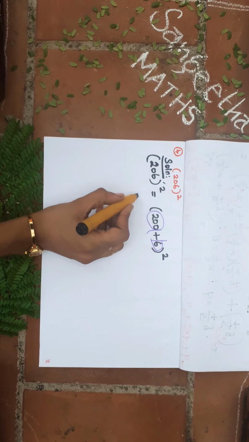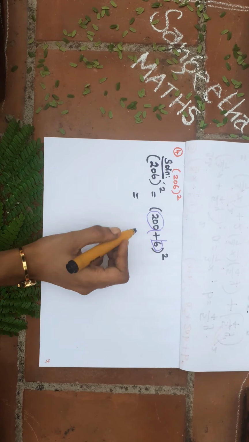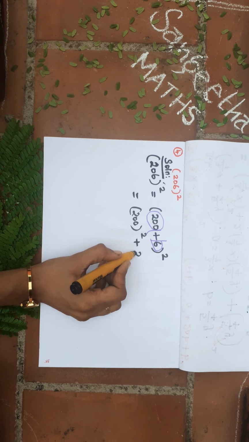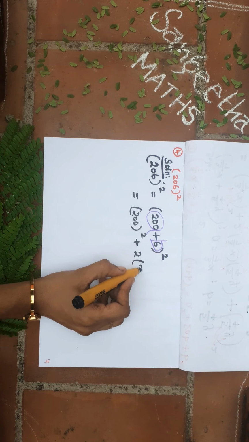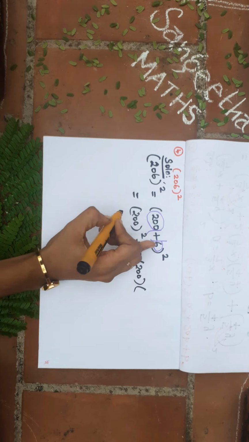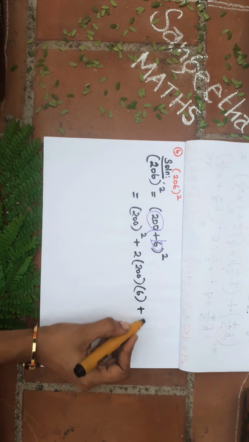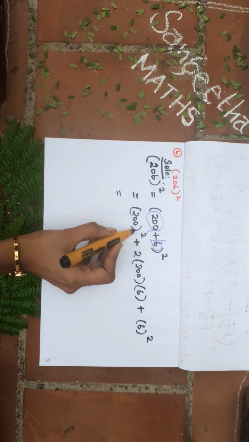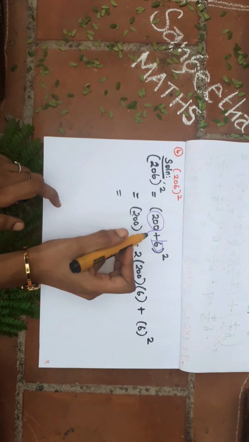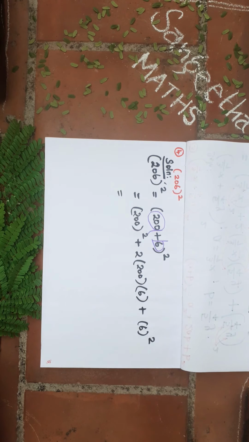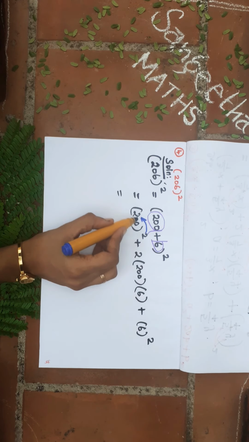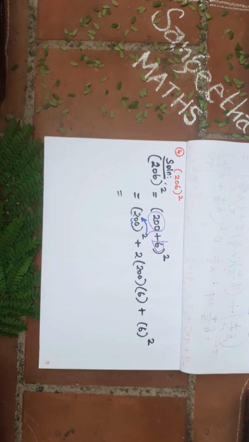So let's start substituting. First A square, so it is 200 whole square plus 2 into what is A? 200. What is B? 6. Plus B square is 6 the whole square. So what is 200 square? We just square it, and these 2 zeros will double up.